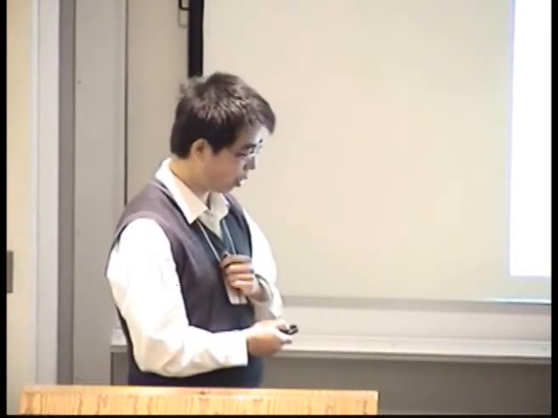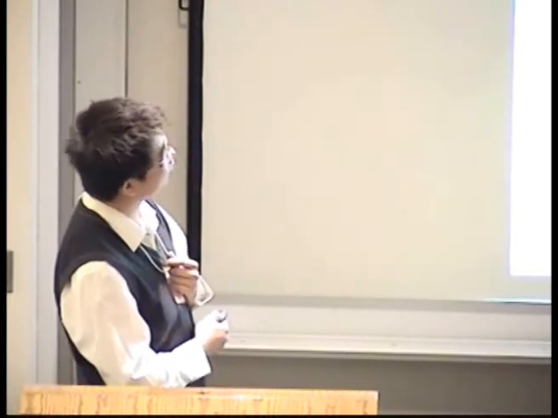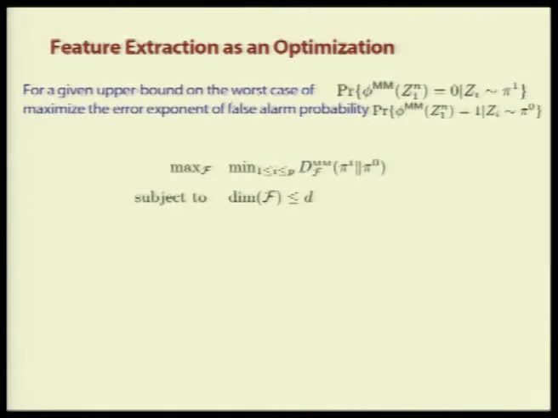Well, there are various criteria you can use. Let's take one way. For a given upper bound on the worst case of type, basically missed detection, you want the maximum error exponent for the false alarm probability. Okay, that's one way you can pose the problem. And you can write this as a maximization problem.